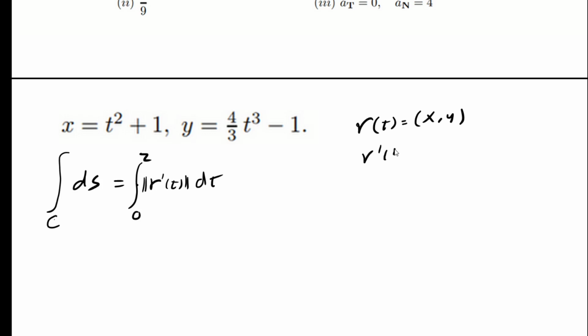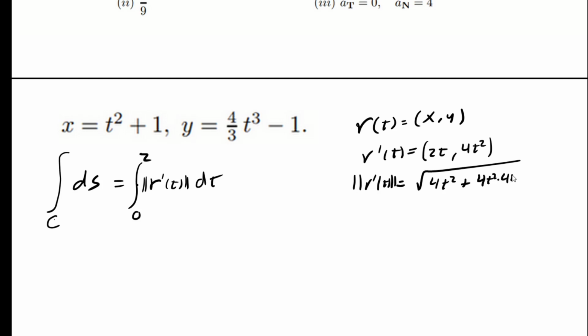So r prime of t is equal to what? 2t, 4t squared. And the norm of that, square root of 4t squared plus 4t squared times 4t squared.